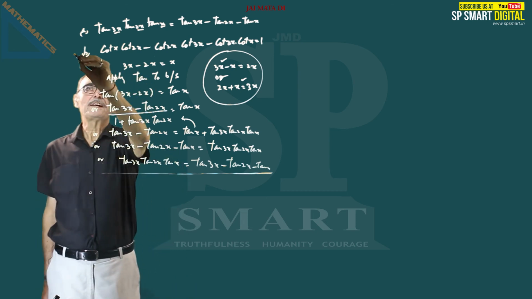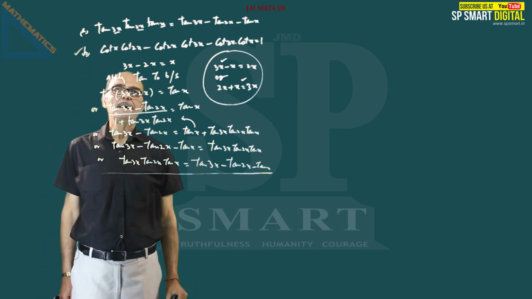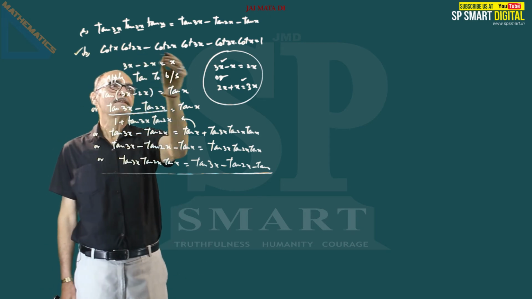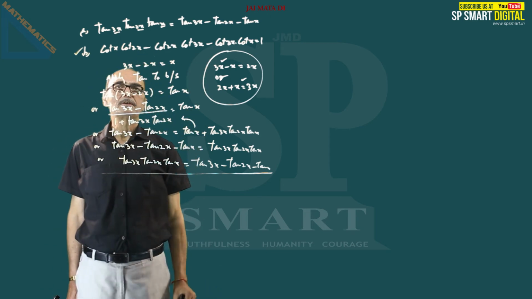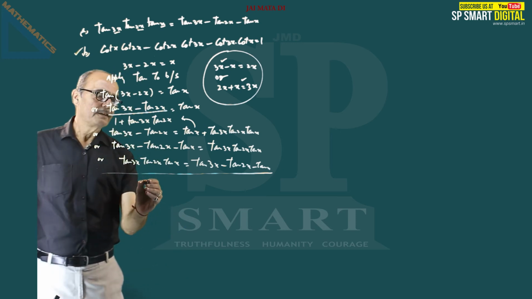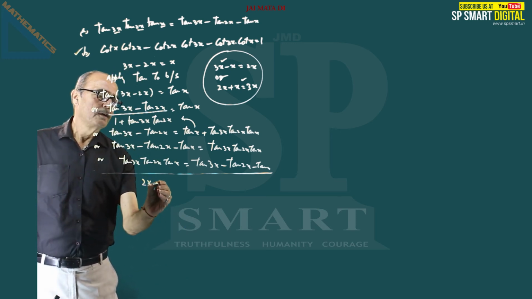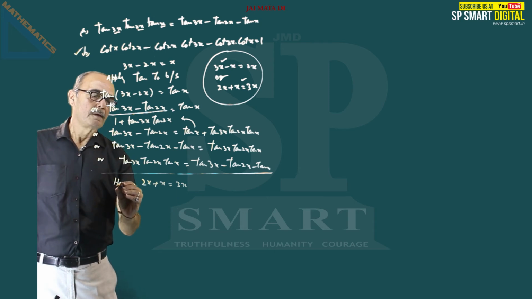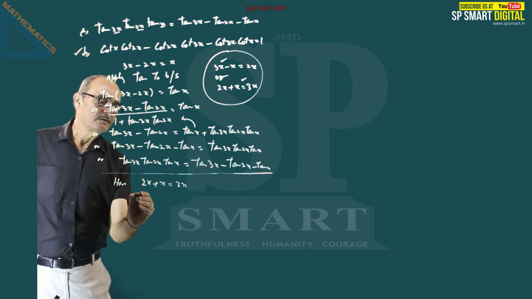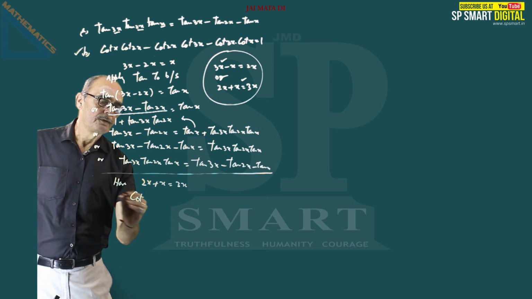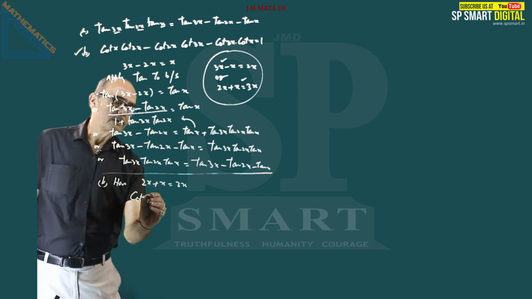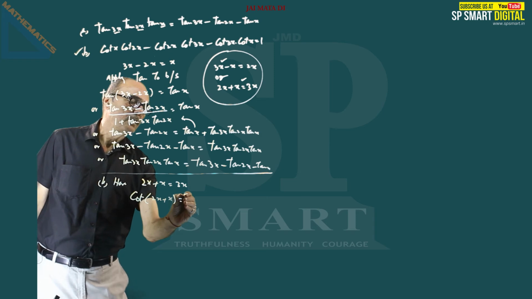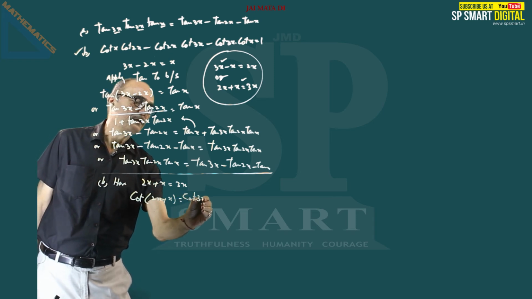Coming to the second part B, we have the relationship between x, 2x and 3x along with cot. So, we write here 2x plus x equal to 3x. Apply cot. So, cot of 2x plus x equal to cot of 3x.